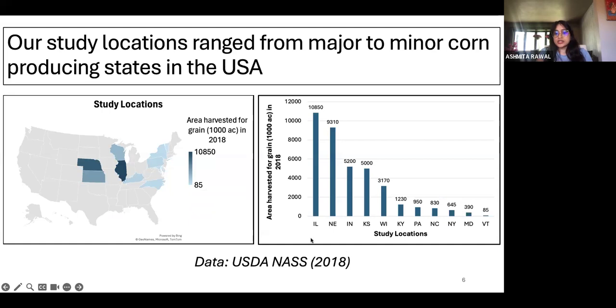Our study locations include Illinois, Nebraska, Indiana, Kansas, and Wisconsin, which are major corn producing states in the US, and then Kentucky, which is on the intermediate side. Then we have Pennsylvania, North Carolina, New York, Maryland, and Vermont. These numbers show area harvested for grain in the year 2018, which I also got from the USDA-NASS website.